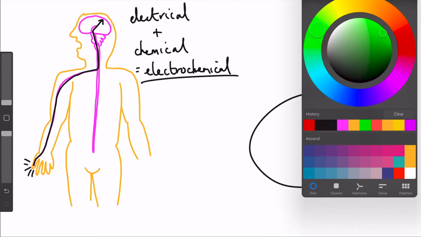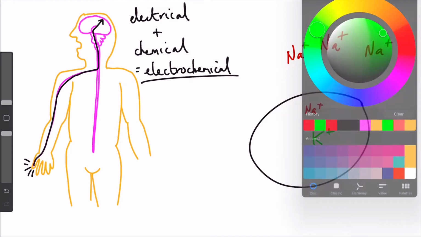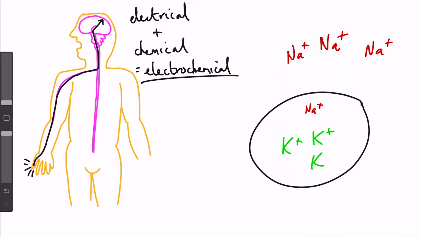And inside the cell, we predominantly have potassium, which means there's a concentration gradient, right? So you've got most of the sodium outside, very little sodium inside, most of the potassium inside, but very little of the potassium outside.